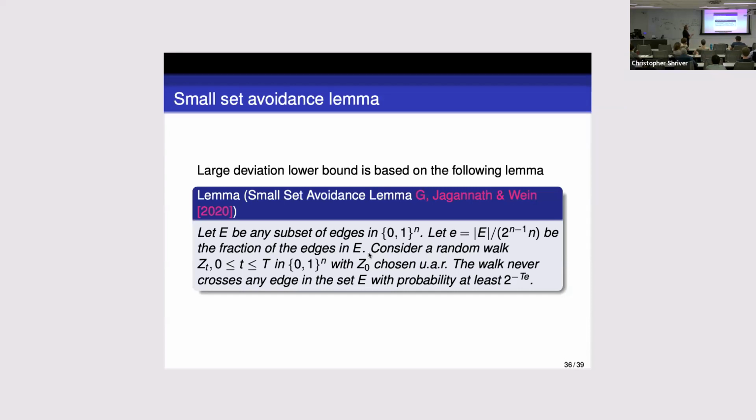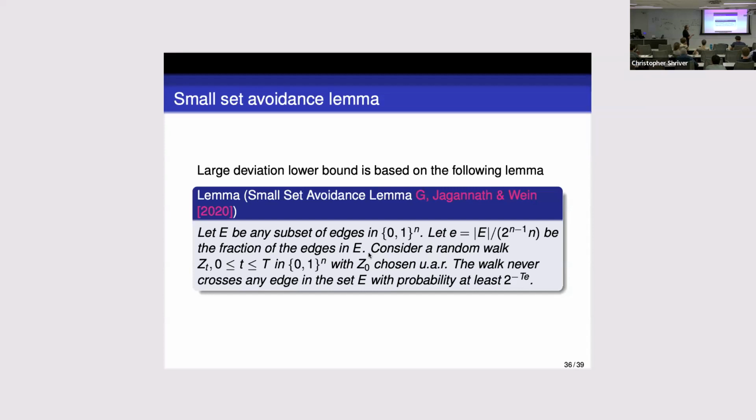Let E be any subset of edges in it, and let little e be the fraction of the edges. The total number of edges is 2 to the n minus 1 times n, that's because of the Hamming distance. So the fraction is the number of edges in the set E divided by the total number of edges.